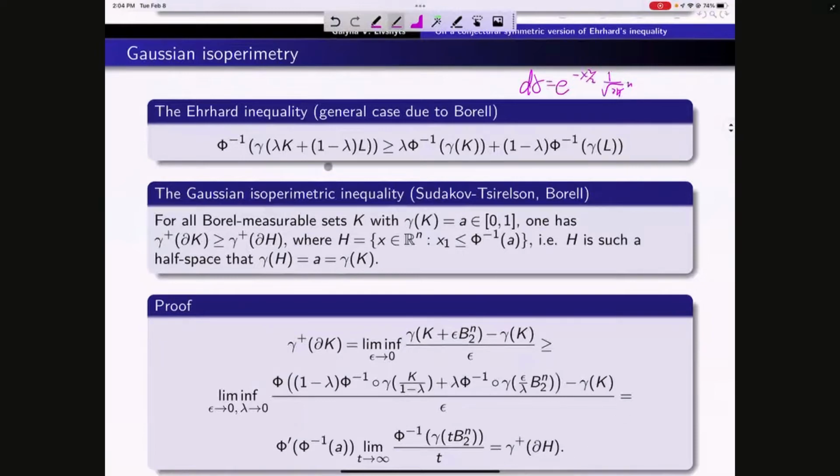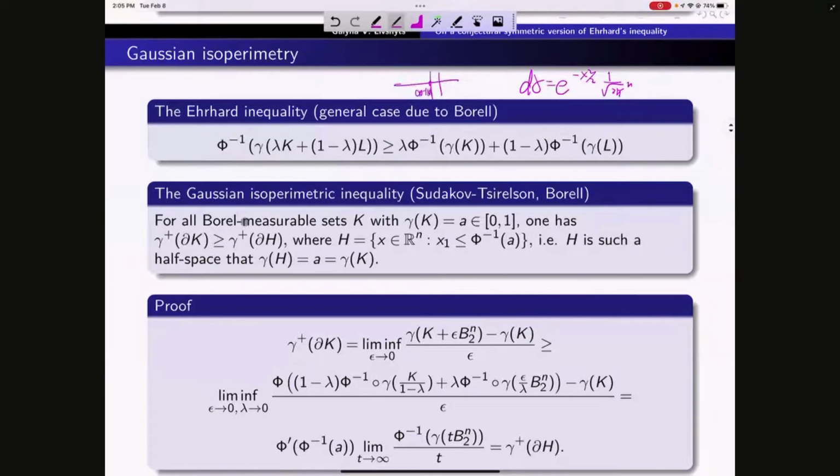The general case of that inequality was proved by Borell. It says that if I apply the function phi inverse to the Gaussian measure of the average of sets, then it's also concave. Again, function phi is the Gaussian CDF, and phi inverse you can think of as the x coordinate of the half space whose measure is A.